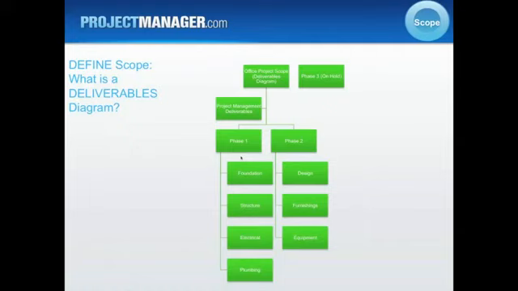Phase 1 is producing a foundation, the structure of the office, and providing the electrical and plumbing. Phase 2 is going to provide more of the design, furnishings, and equipment. Each one of these green boxes continues to be broken down, representing deliverables. When we talk about the scope of a project, it's everything that's going to be produced as the result of this project. So this is just identifying the scope of this project.